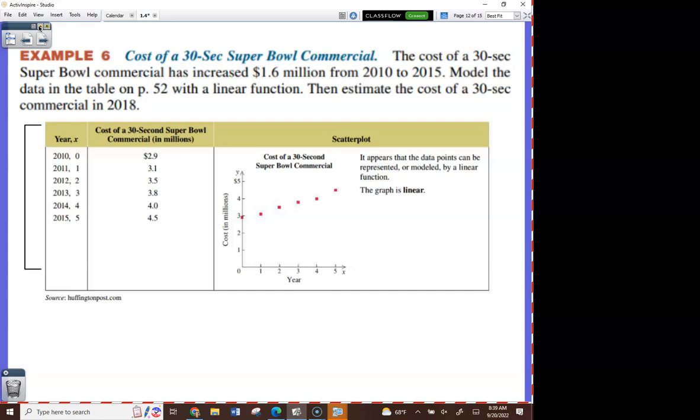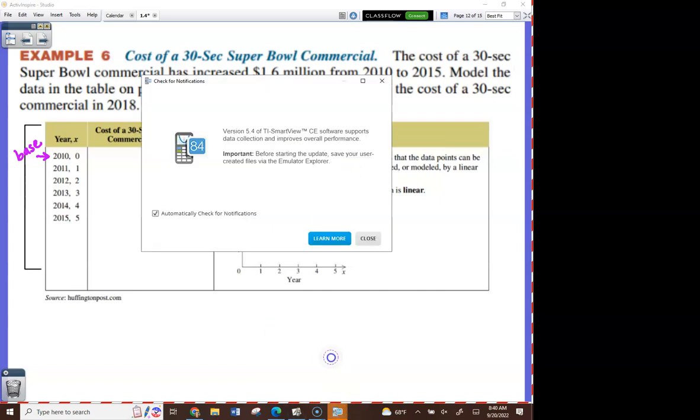That's how you read these points. So instead of doing years for the x-axis, because you can't do the years in the calculator, you can't change the x-axis, they calibrated it, calling 2010 the base year. This is like, I call it the base year, where X is 0, and then 2015 would be when X is 5. These are the Y values in millions. Now, if you were to put it on a scatter plot, it would look like this. I want you to get your calculator, and I'm going to show you how to do this.